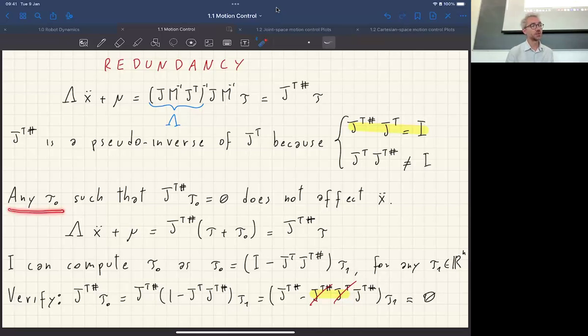Any vector tau 0 such that J transpose pseudo inverse times tau 0 is equal to 0 does not affect my Cartesian space acceleration x double dot.